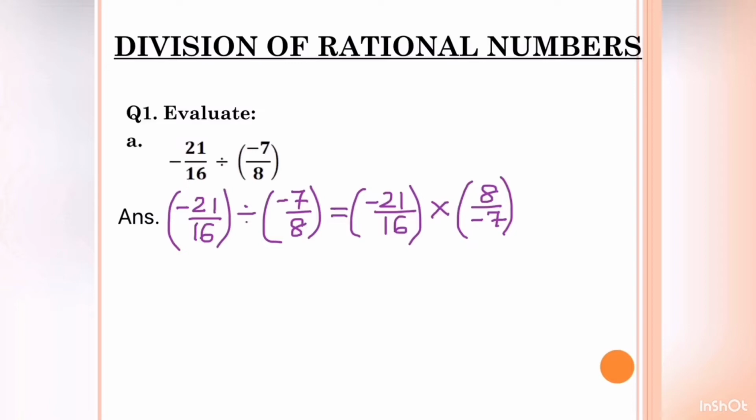Next step. Now we need to follow the method of multiplication of rational numbers. Let us multiply minus 21 by 16 by 8 by minus 7. We take product of their numerators by product of their denominators.